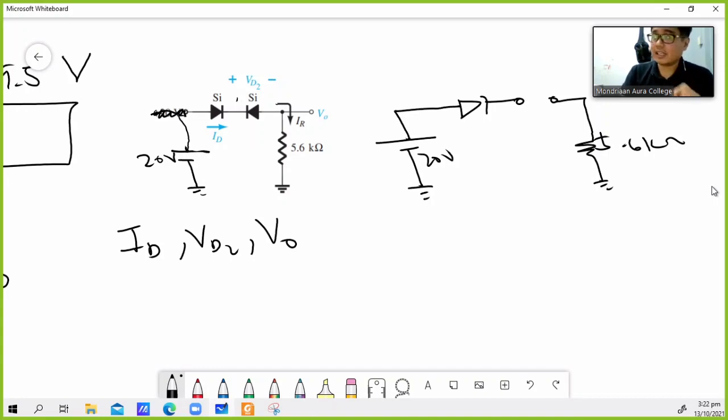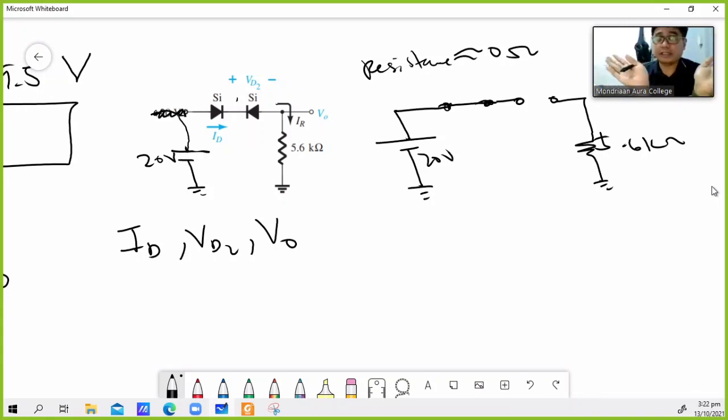Yung resistance niya is very small. Resistance is approximately equal to 0. Okay? So since approximately equal to 0 yan, we can redraw this circuit into this one. So ang equivalent niya ay short circuit kahit na hindi siya ideal. So, pag nagsosolve kayo ng ganyan, yung mga nakaharap na ganyan or nakabaliktad, kung ano yung naka-forward bias, yun ang naka-short circuit. Naka-reverse bias, yun ang naka-open circuit.